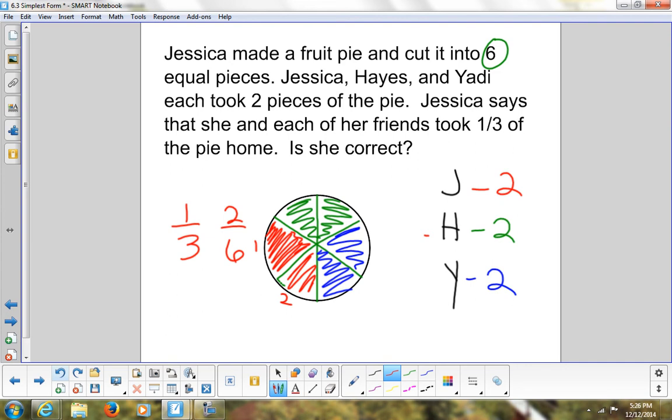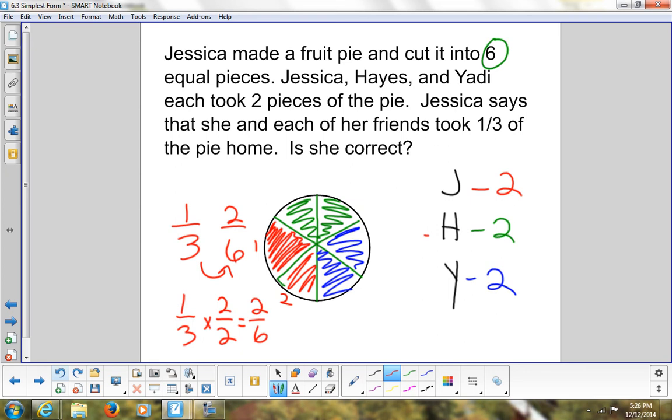So we need to see if these are equivalent fractions. All right, so how do I get from 3 to 6? I multiply by 2. Okay, what I do to the bottom, I got to do to the top. And 3 times 2 is 6, and 1 times 2 is 2.